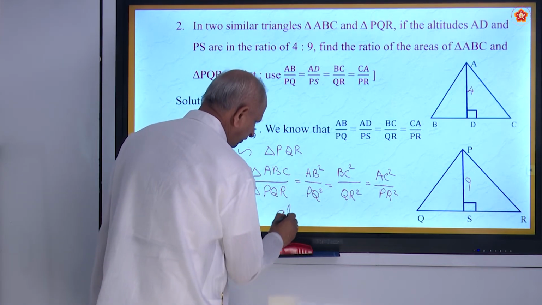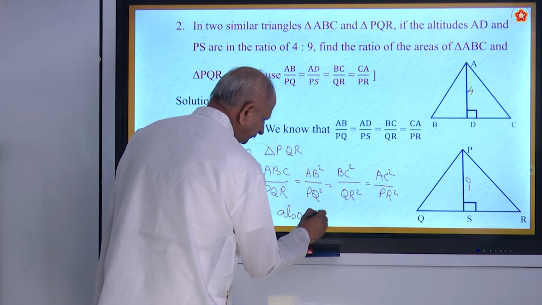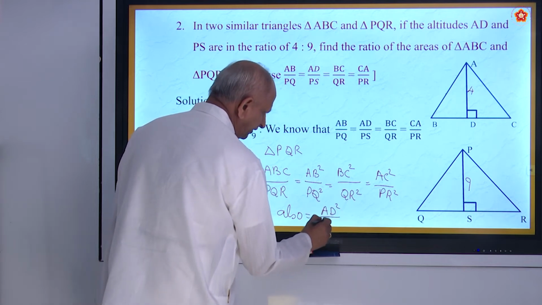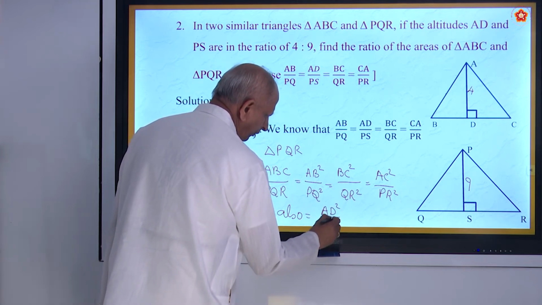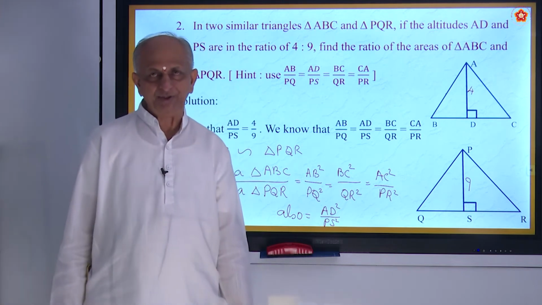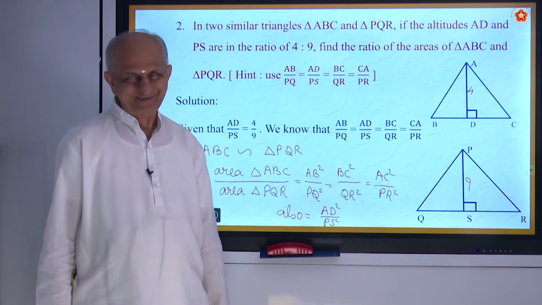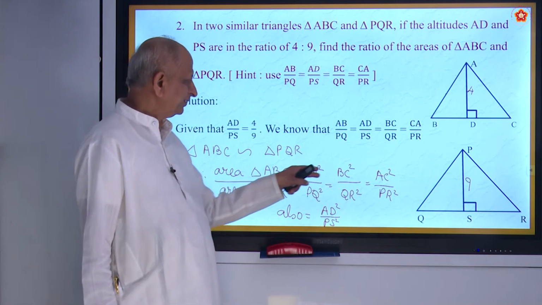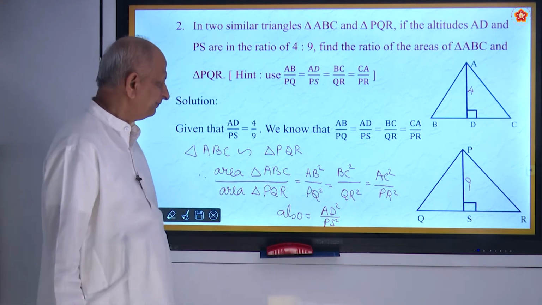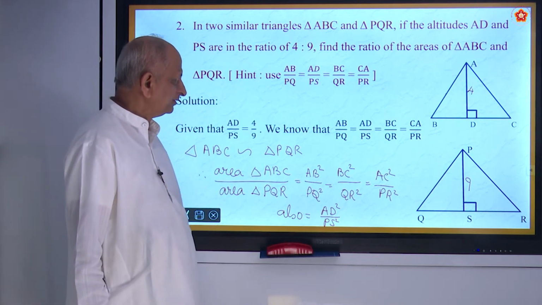So also equal to AD square by PS square. What are they? They are nothing but altitudes. Because when all the sides are proportional, the altitude also must be proportional. That's all the answer. Okay.